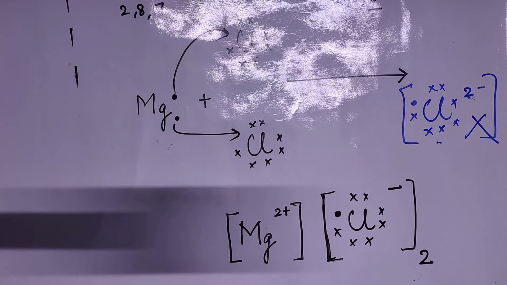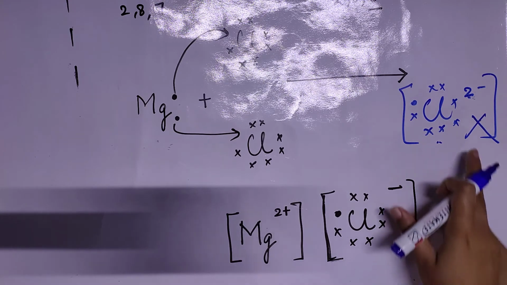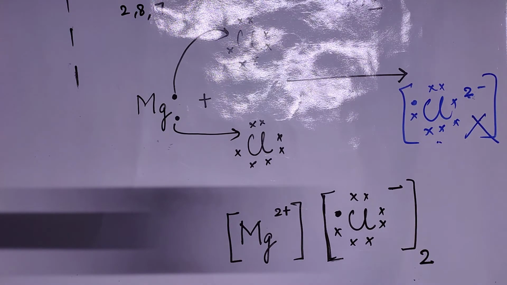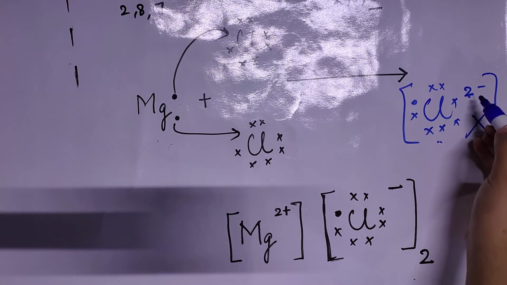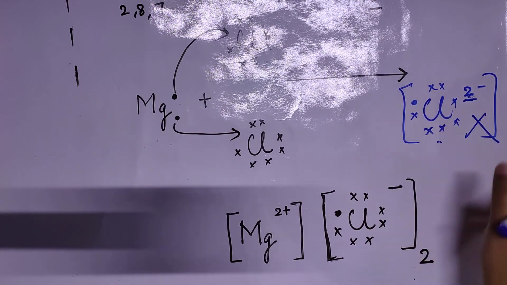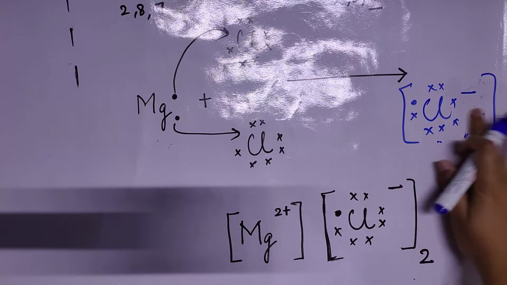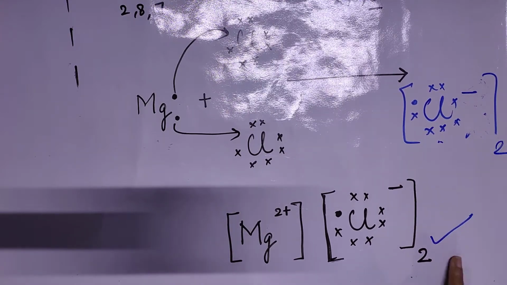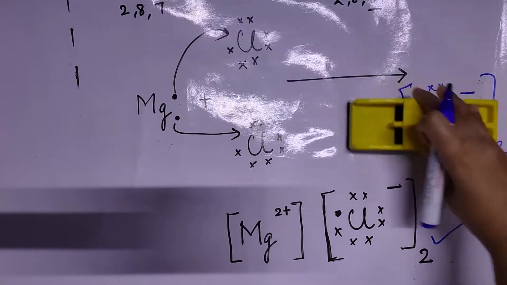That means one chlorine atom has acquired 2 negative charge, which can never be possible. The reason is that chlorine is only short of 1 electron to attain octet, so it will only gain 1 electron, otherwise it will violate the octet rule. So that is why this is wrong. Most of the time in the last 2 years I have seen students making such mistakes, where, when they have to write 2 chlorine atoms together, they write like this. You don't have to write like this, you have to write it like this, as I have shown here. So this is the correct method.